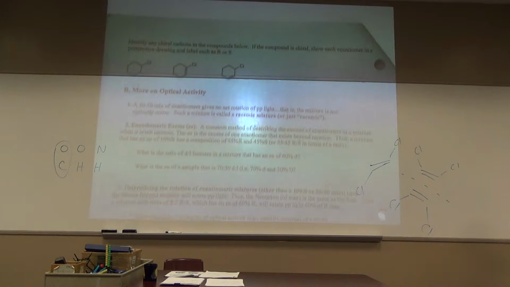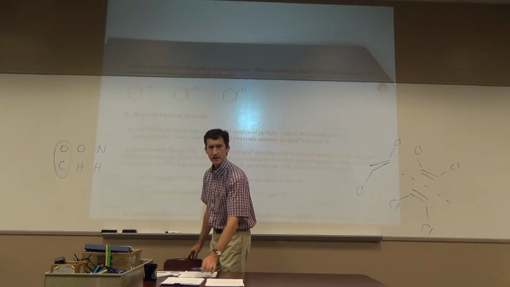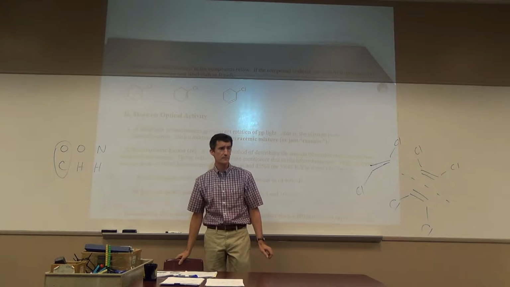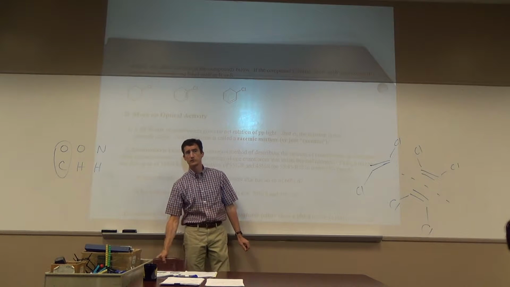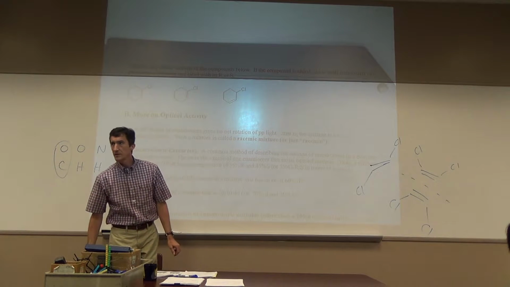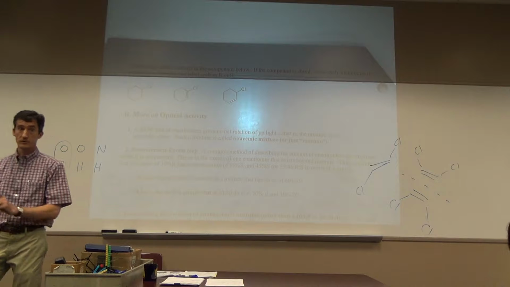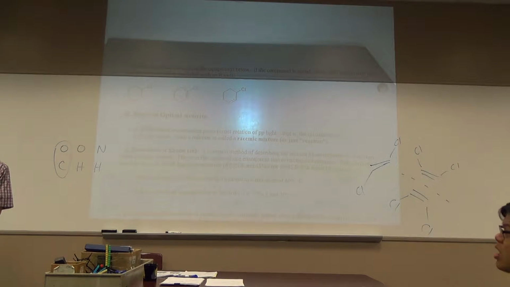More on optical activity. Okay, I'm pretty sure I can go ahead and say we're going to skip the polarimetry lab, which is set for Monday, Tuesday on the syllabus. No, I'm sorry, it's actually set for today and tomorrow on the syllabus. We pushed everything ahead, so we would be doing it Monday, Tuesday.